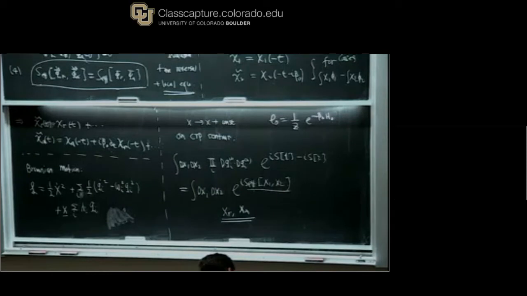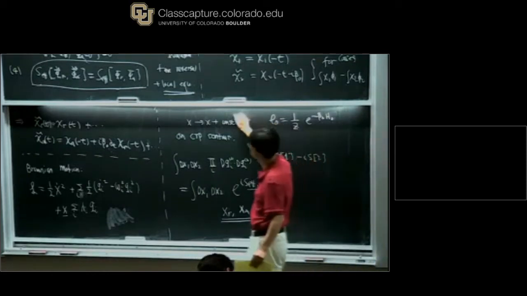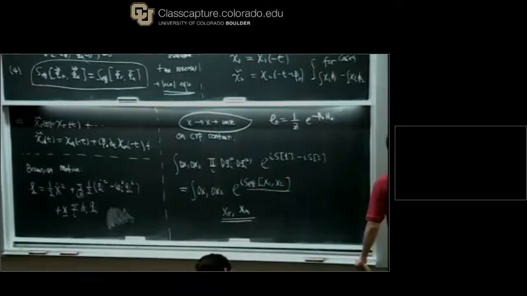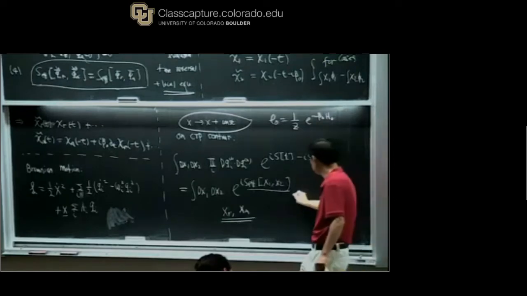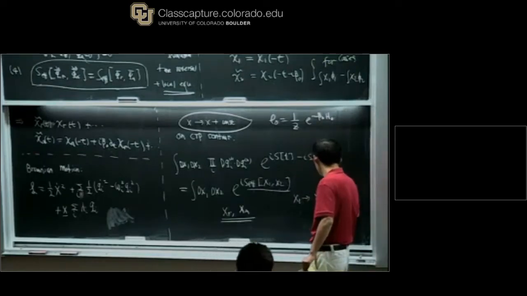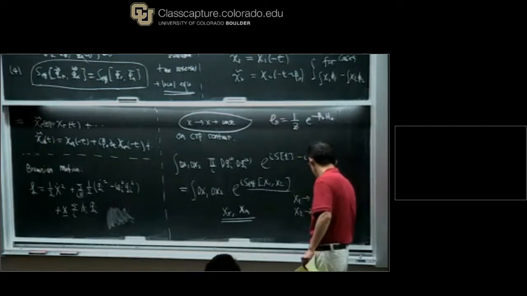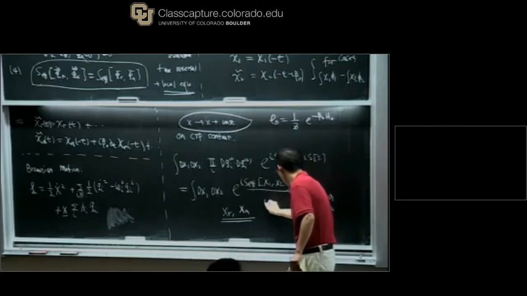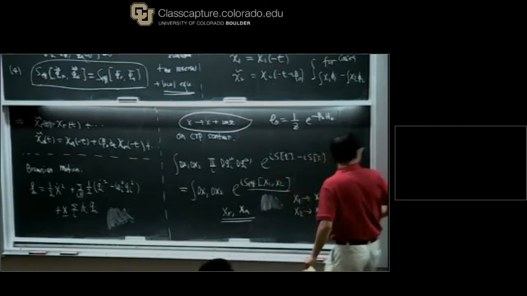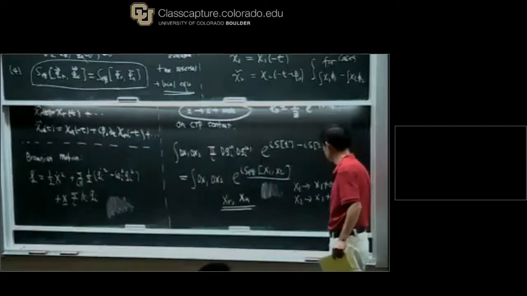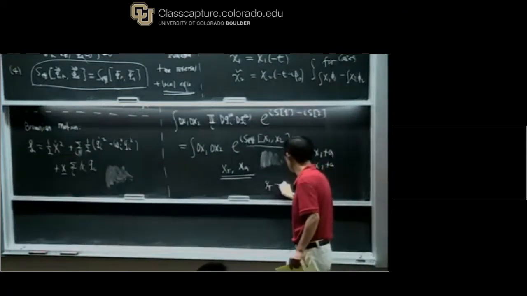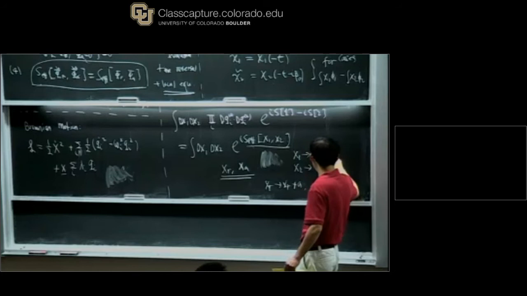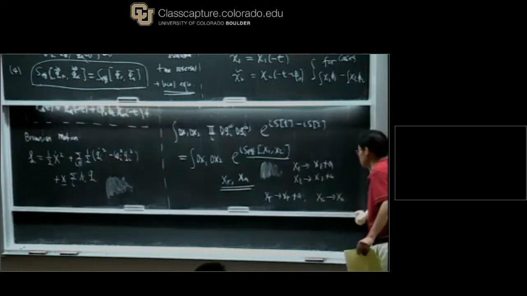But now we have to impose this symmetry, the global symmetry. That means this action should be invariant under the simultaneous shift of x1 goes to x1 plus a, and x2 goes to x2 plus a. In other words, it should be invariant under XR goes to XR plus a, but XA does not change, because they cancel.